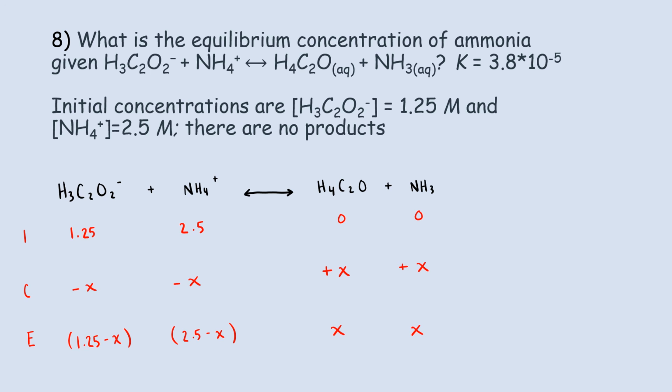Now we need to set up an expression using our given K value. 3.8 times 10 to the minus 5 is going to be equal to the equilibrium expression of the product, which in this case is X squared, divided by the equilibrium expression of the reactants. So 1.25 minus x multiplied by 2.5 minus x.